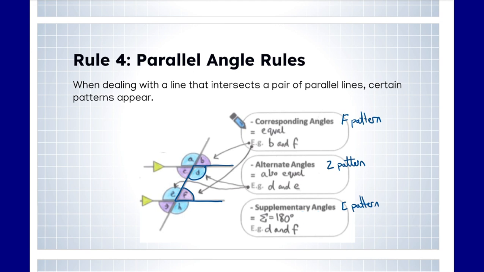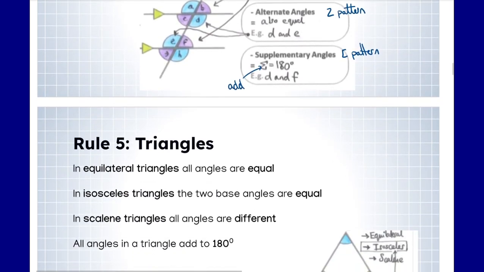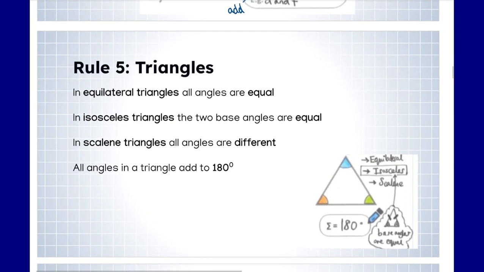That's what this Greek letter is referring to: the sum is equal to 180, or these two angles equal 180 when you add them. Again, you can reverse the C as well, and the same rule applies. These two angles add to 180 degrees.